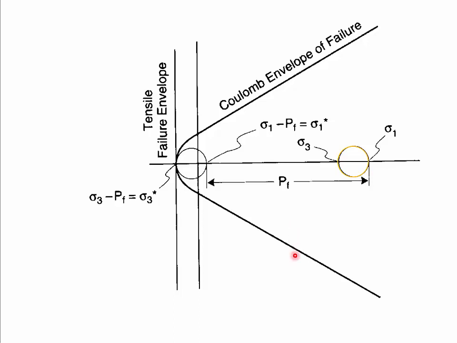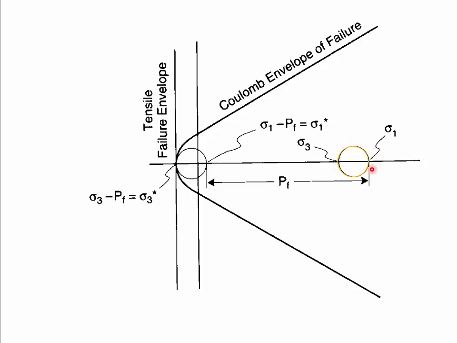Let's assume a stress condition as we see it here, indicated by this orange Mohr circle. We have a certain sigma 1, somewhat smaller sigma 3, but we can see that the stress conditions are by no means critical.